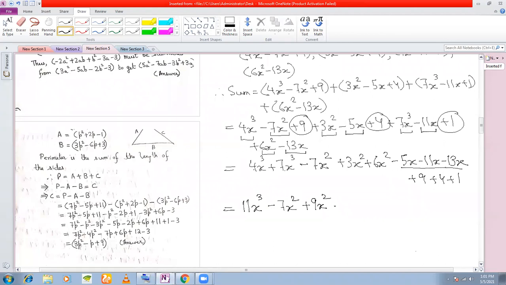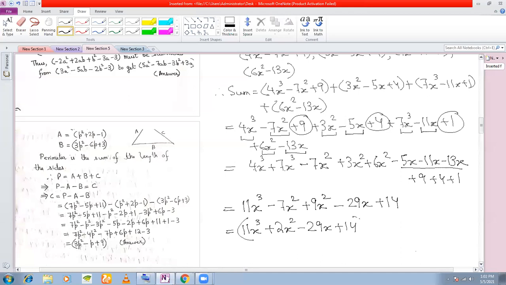If you add all with minus signs, this will be minus 29. And you have 9, 4 and 1. You add these, you get 14. So now in the next step, 11x cube, minus 7 plus 9 is 2, so plus 2x square minus 29x plus 14.